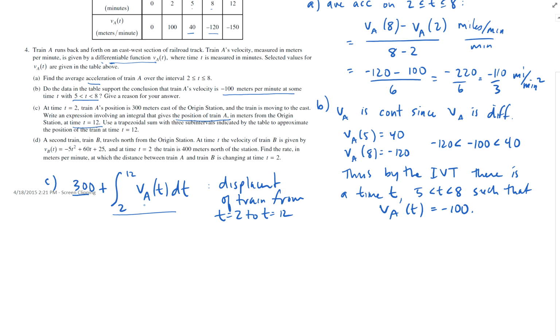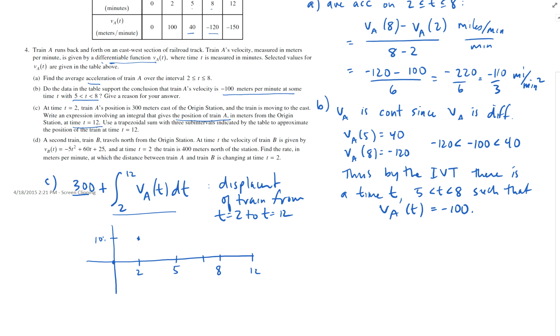And you can draw a quick sketch, or you can just kind of do it thinking about it. I like to make a sketch if I can, real quick, because it's less likely to make a mistake. 0, 2, 5, 8, and 12. 2 is up here at 100.